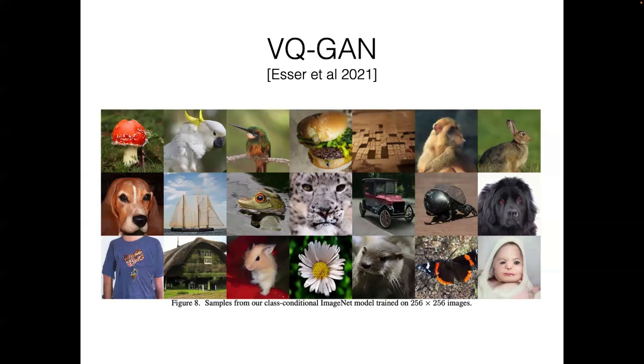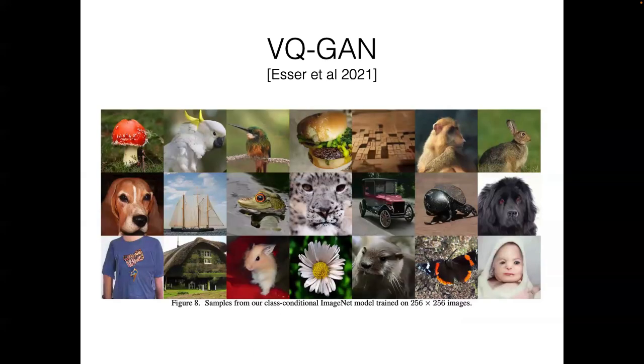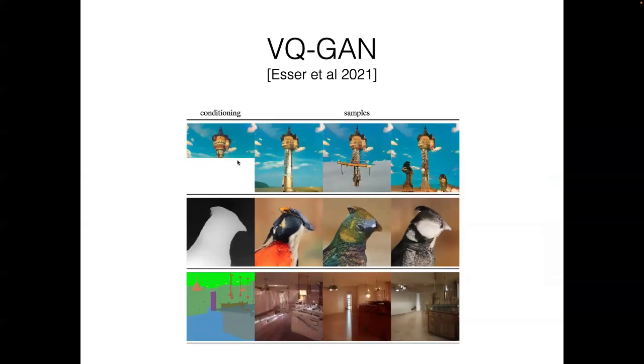So when you think about it, if this is possible, then instead of just having one class, potentially you could have a sequence of text, and that would actually achieve the goal that we set out to do, which is have a transformer that can take in text, it can take in these tokens for images, and it can generate images. This is also showing they tested, instead of just a class label, you can condition on other things, even a scene graph and things like that.